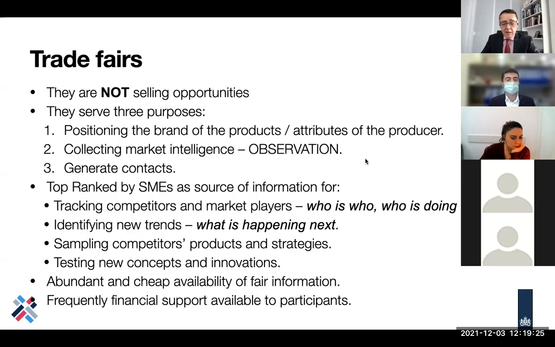Which means the worst possible strategy for trade fair participation is to go to a trade fair once and never again, or go every 2 occasions. That is as good as taking your dollar bills, lighting them on fire and throwing it away, or even worse.